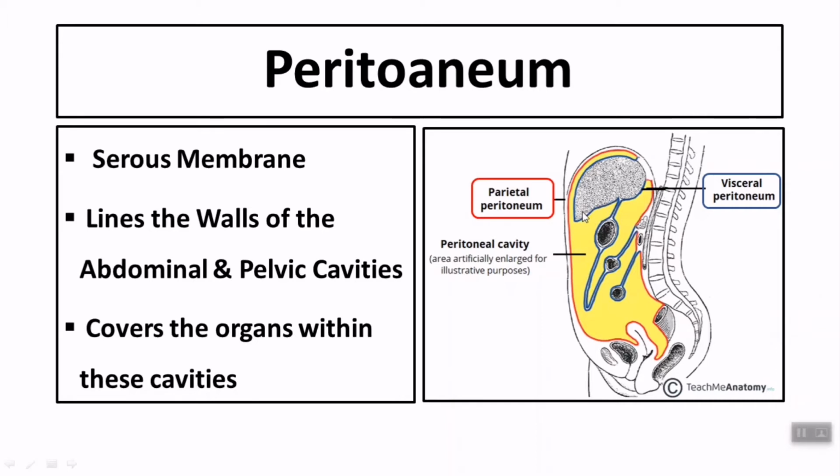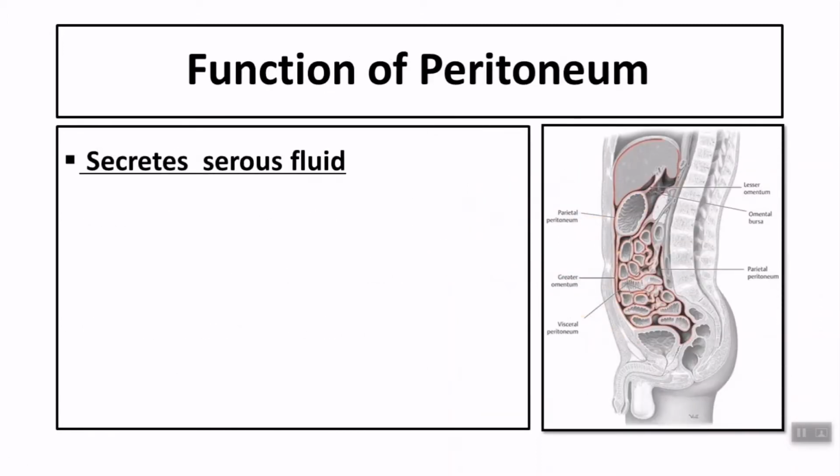As in this figure, it covers the liver, the stomach, and the small and large intestine. So it is a serous membrane that lines the walls of the abdominal and pelvic cavities and also covers the organs within these cavities.